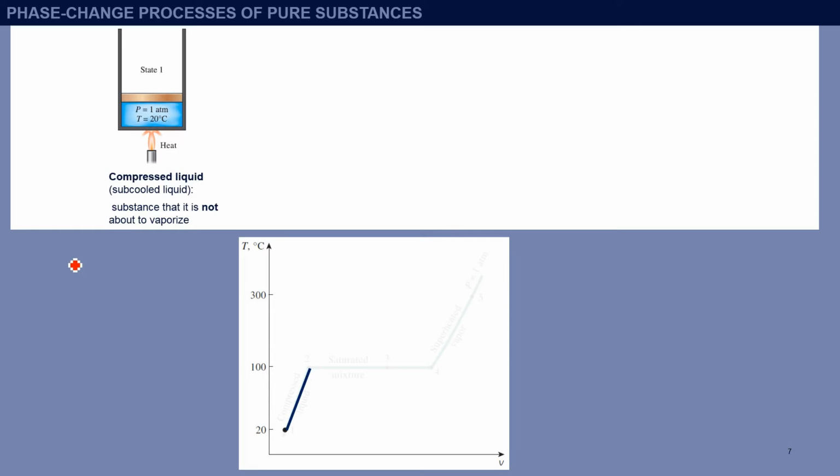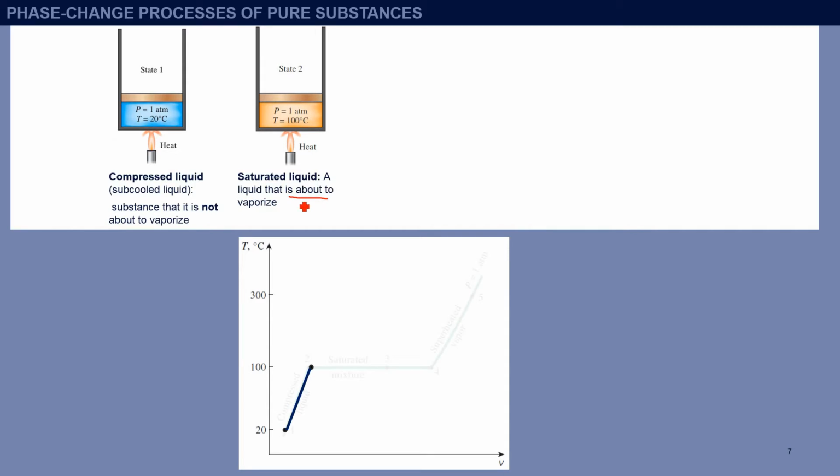This temperature increase will happen until we reach saturated liquid. That is, all the water is heated up. So if I add a little bit of heat into the system, water is going to start boiling.